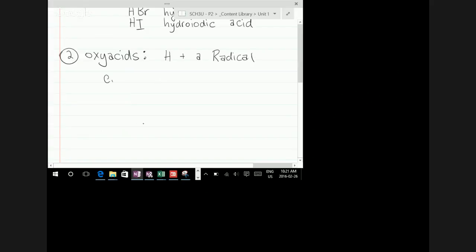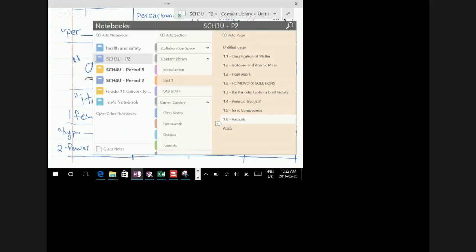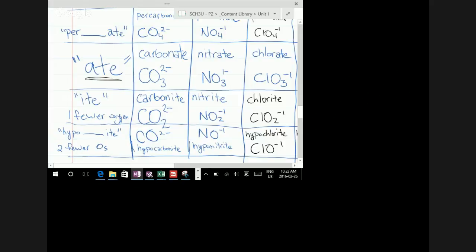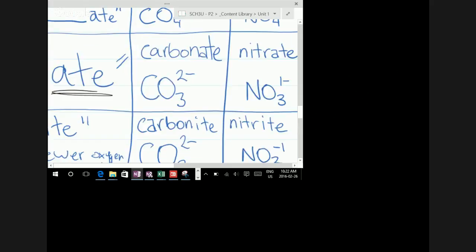So an example of one would be H2CO3. Now, CO3 is what radical? What's it called? Carbonate. Good. If you go back and look at our radicals chart, you can see that CO3 is carbonate. Can everyone see that?